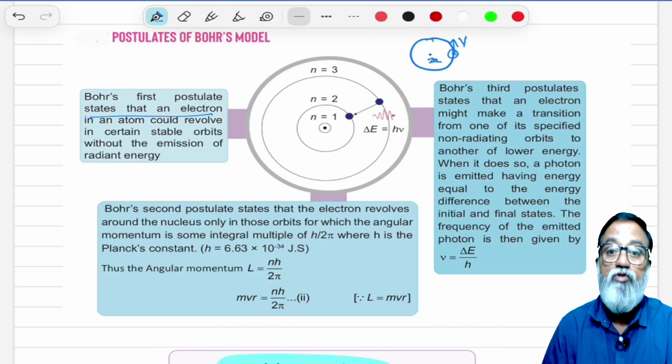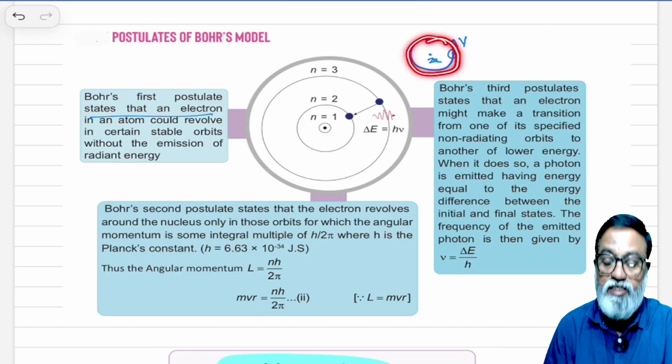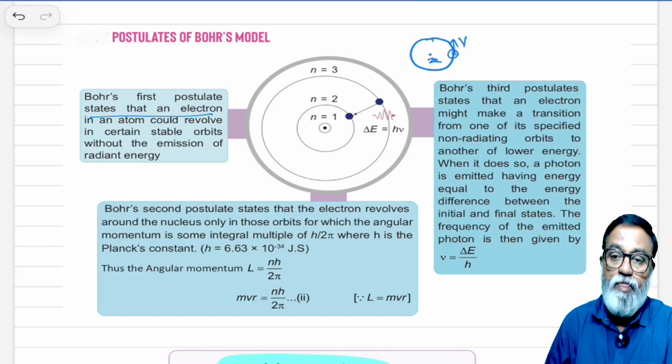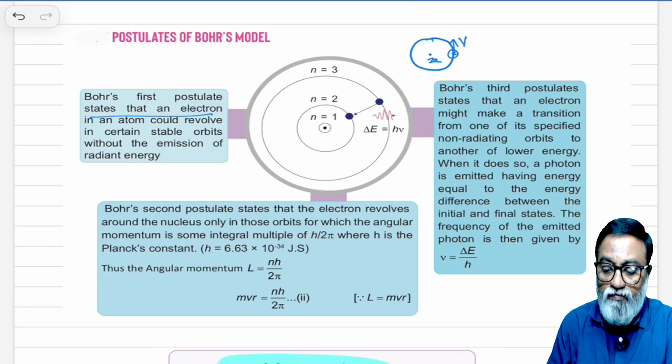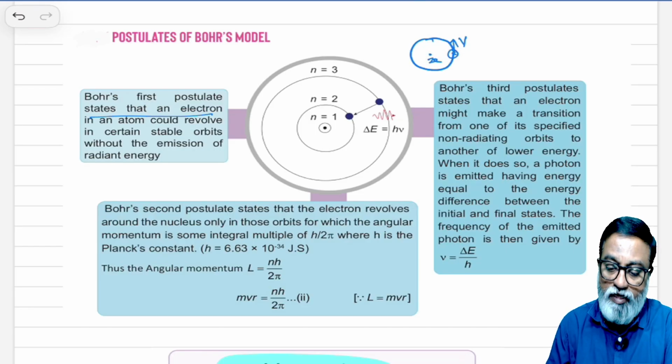It is revolving around the nucleus. When it is revolving around the nucleus in a circular orbit, for this electron there must be some centripetal force. But a centripetal force is always provided by an external agent. Here, centripetal force is provided by the electrostatic force between the electron and the nucleus.